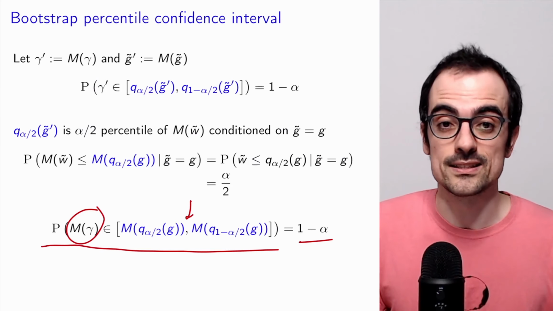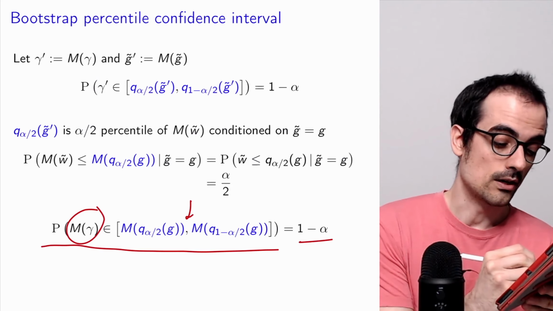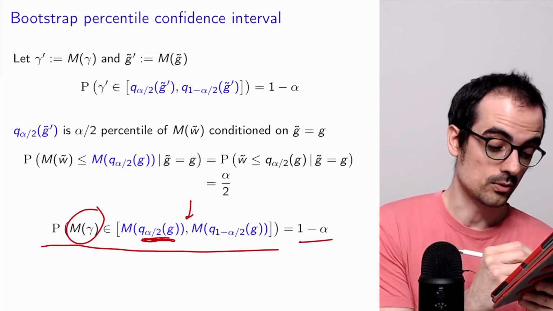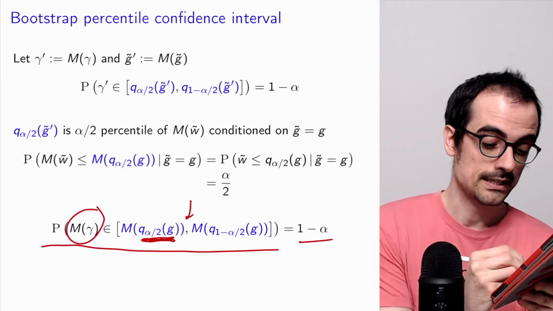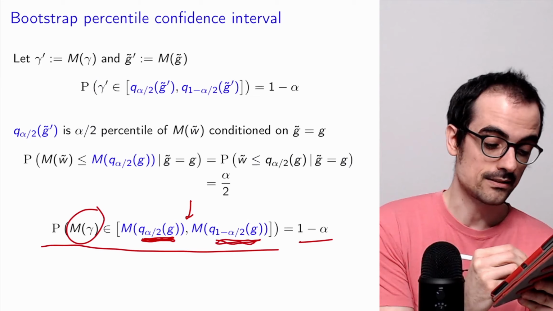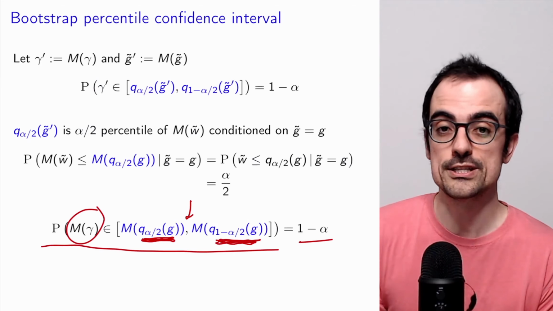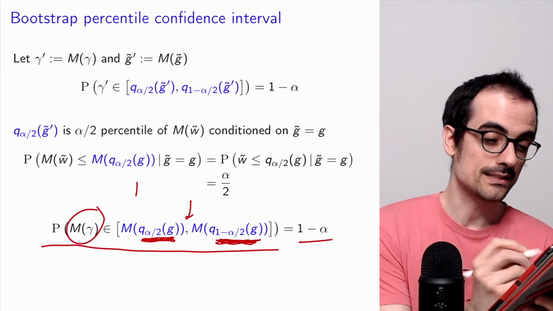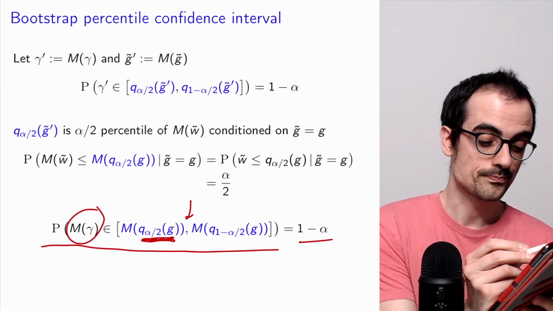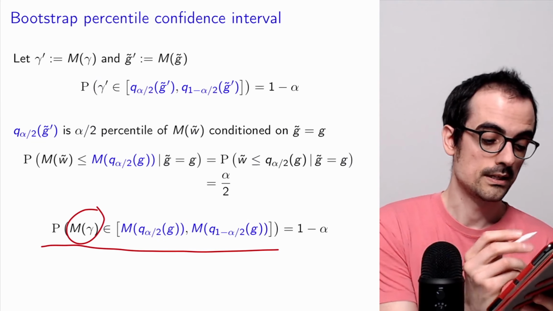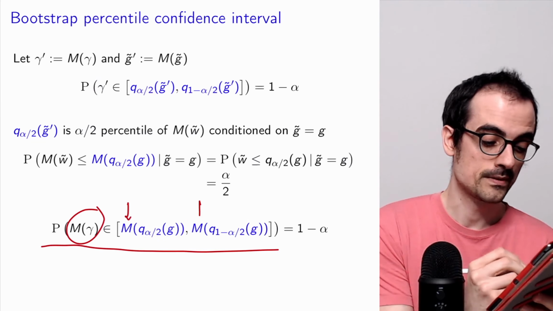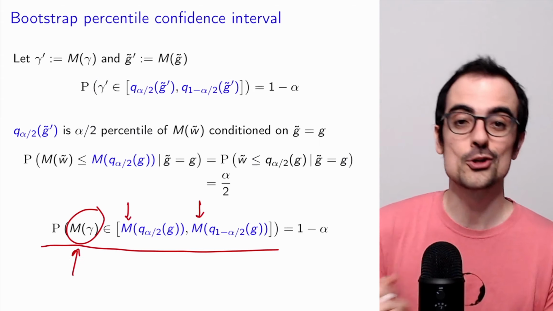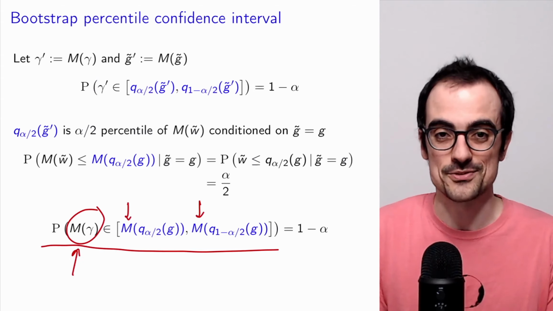But we're not done yet. Just to be clear, these are the bootstrap percentiles that we can compute from the original data, but we have applied the transformation to them. But this is also the population parameter after applying the transformation.